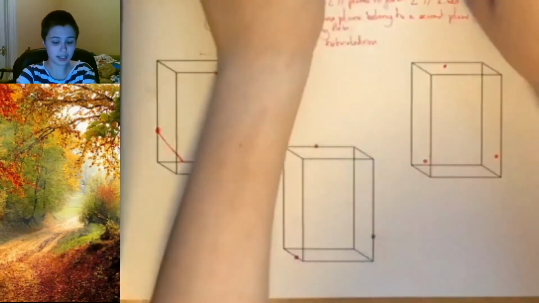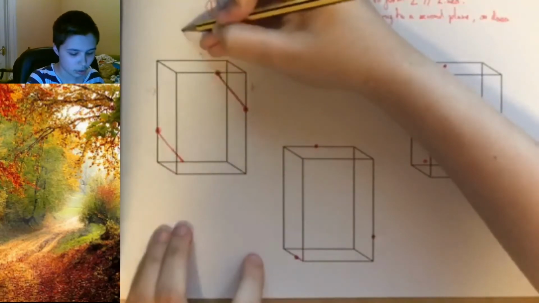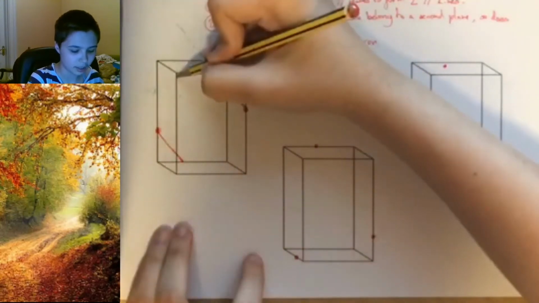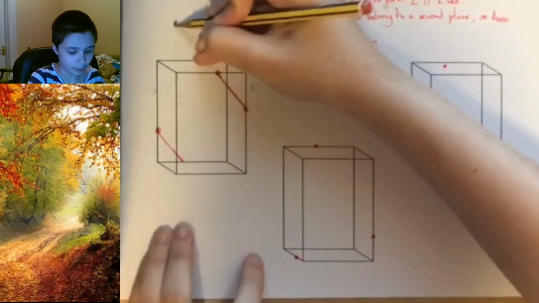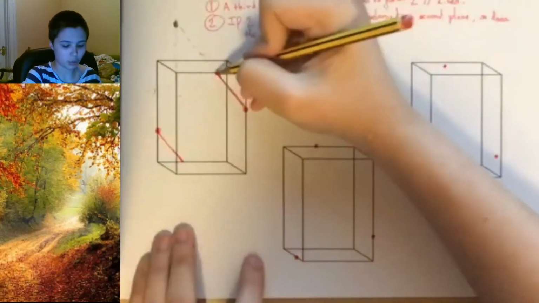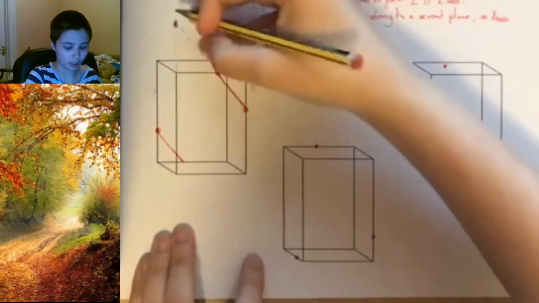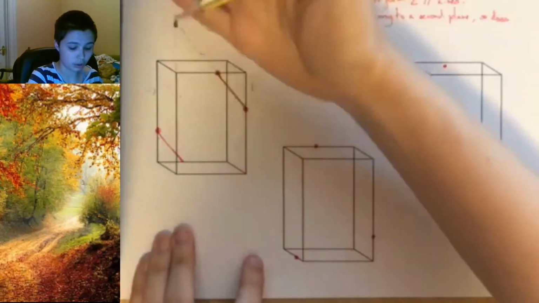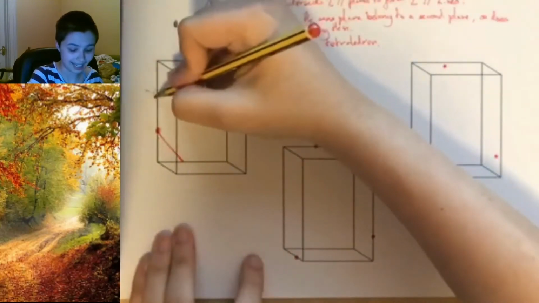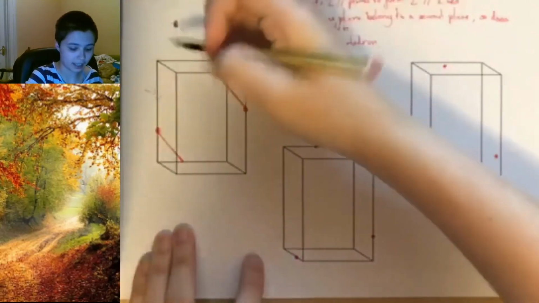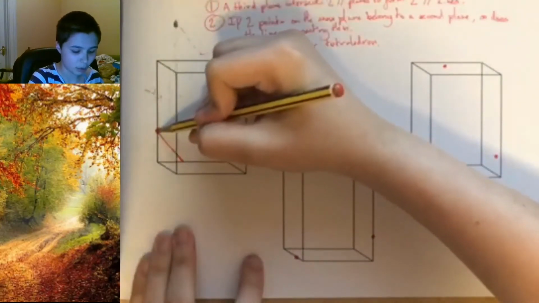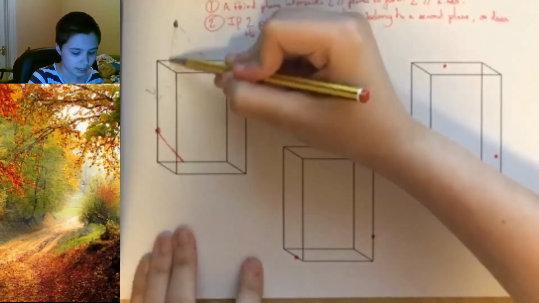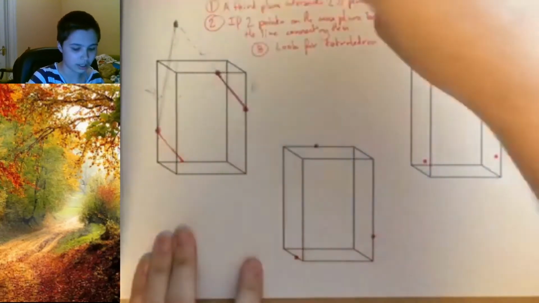Then, extending this line to the intersection of the front plane and the side plane will give me the point of intersection between the plane that's cutting the cuboid, the front plane, and the side plane. And because this point lies both on the side plane and on the plane cutting the cuboid, this line is going to belong to the intersection of the two planes.